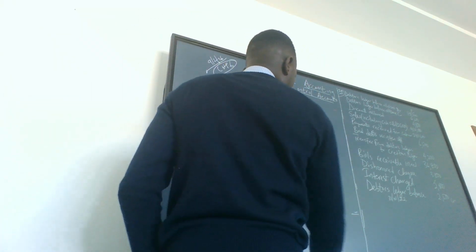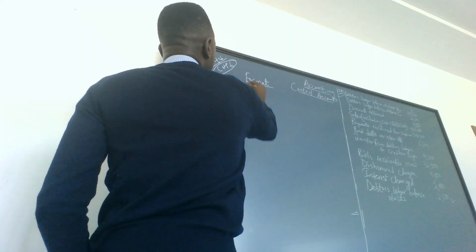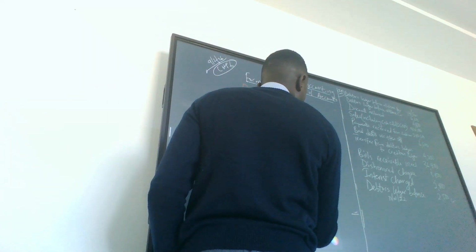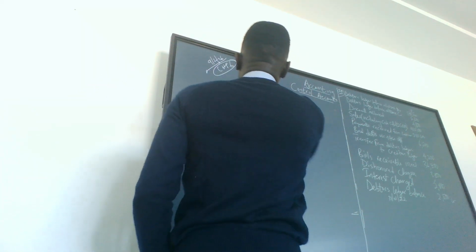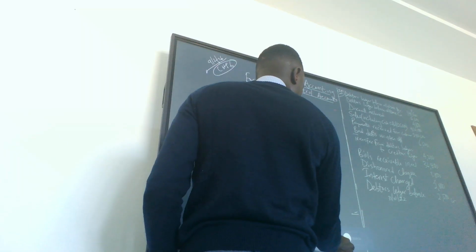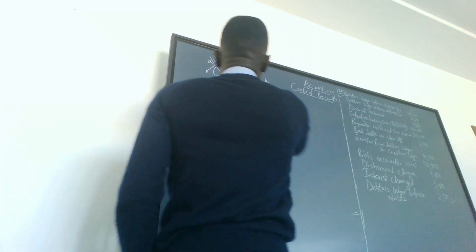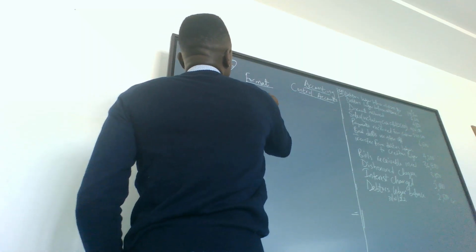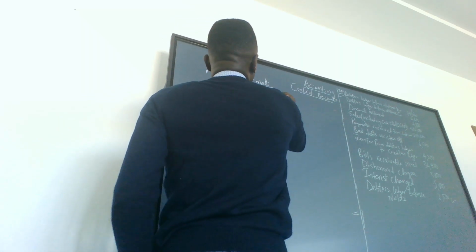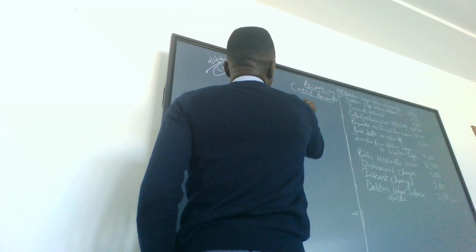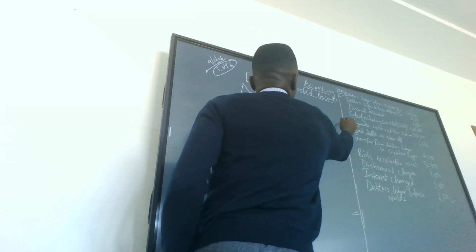So we have this now. So we're going to prepare debtors control account. So I have to use white. Debtors control account.